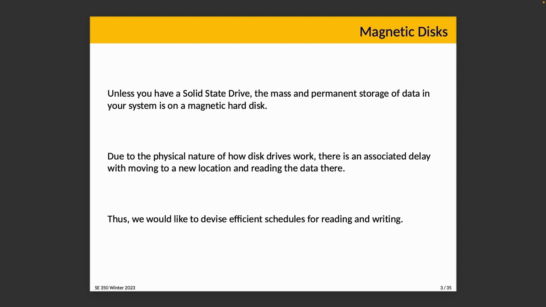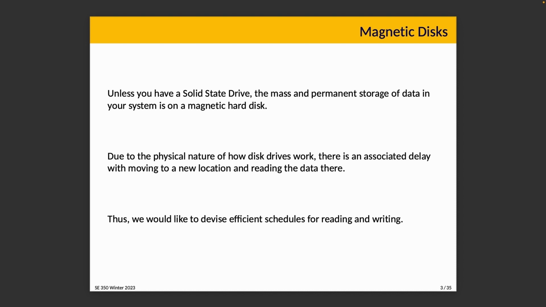And due to the physical nature of how disk drives work, there is an associated delay whenever we want to move around to a different location. We'll see why we talk about the physical locations in a minute, but they are mechanical devices, right? Physical pieces of stuff have to move from one point to another, and this movement takes non-zero time.